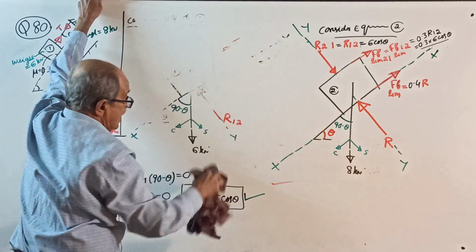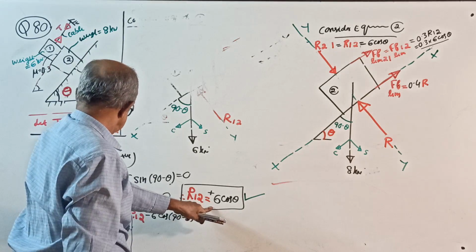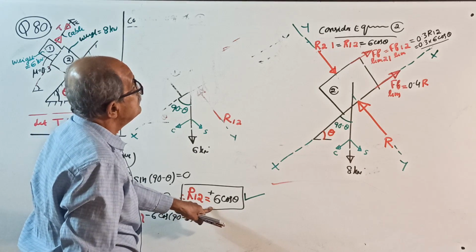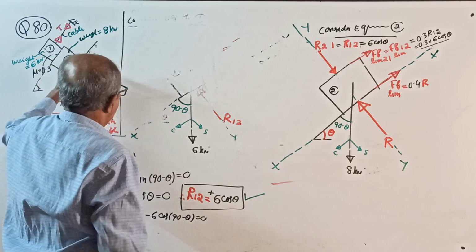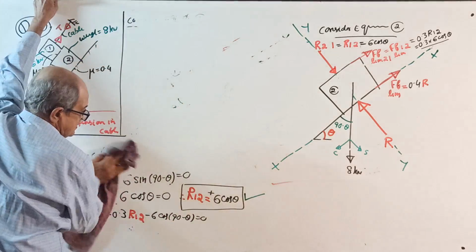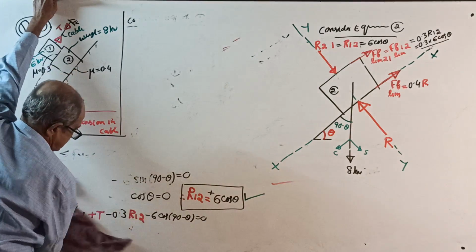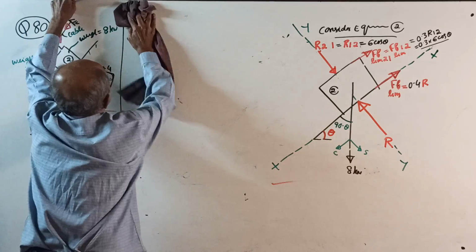Everything correct? R12 is 6 cos theta. 0.3 into 6 cos theta. Correct. 0.4 R. Everything is okay. I don't want to take chances. I want the full board so that I can solve cleanly.